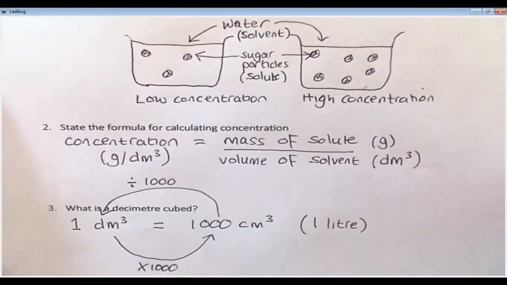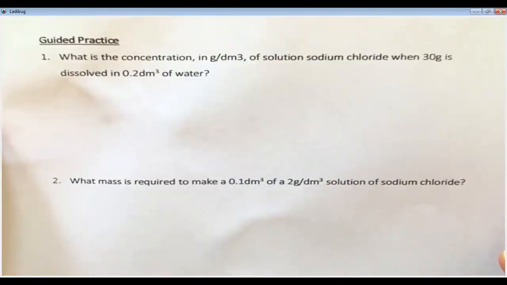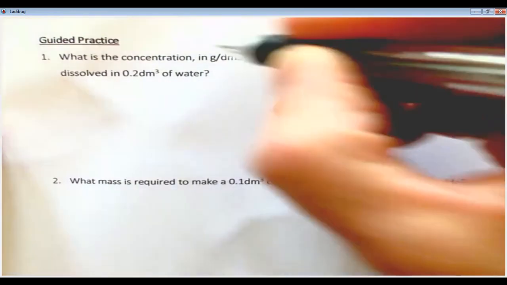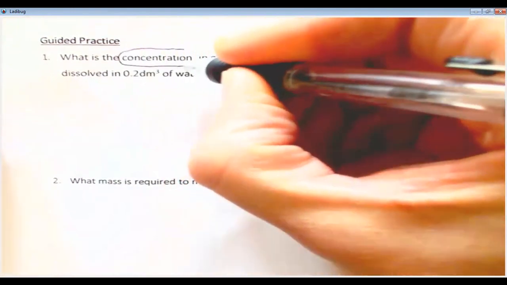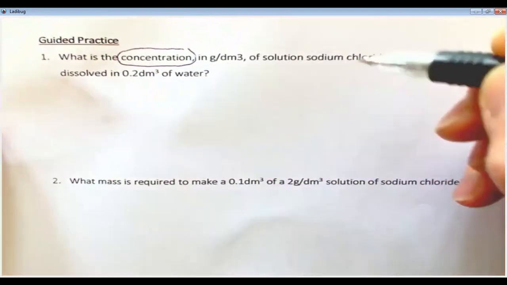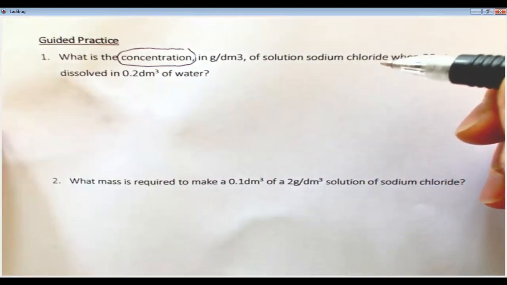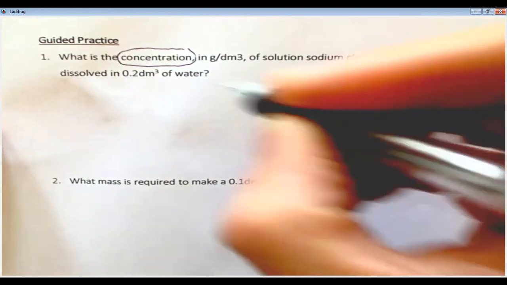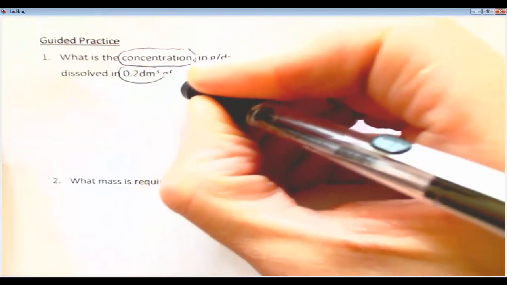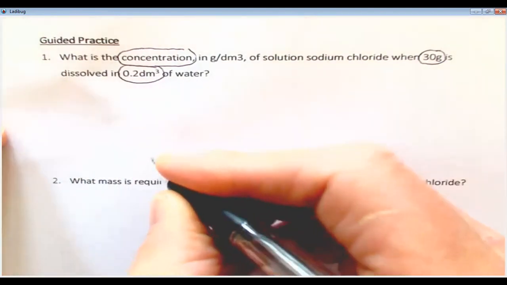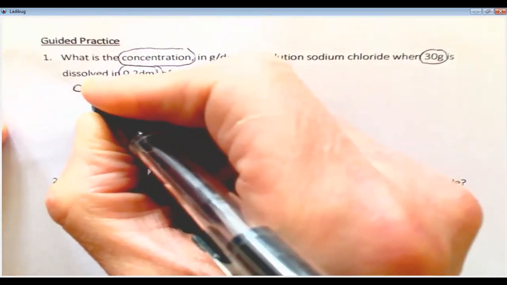So we're going to have a look at a few little practice questions now. Question number 1 says, what is the concentration, circle concentration, in grams per decimeter cubed of a solution of sodium chloride when 30 grams is dissolved in 0.2 decimeter cubed of water. So I've circled the most important stuff there. I'll write my equation.